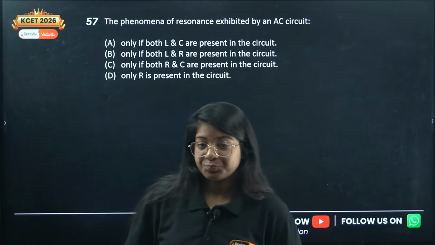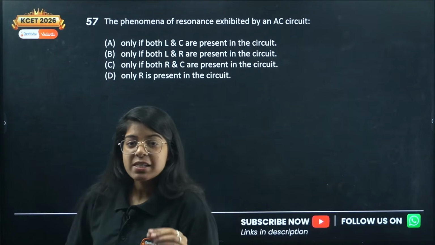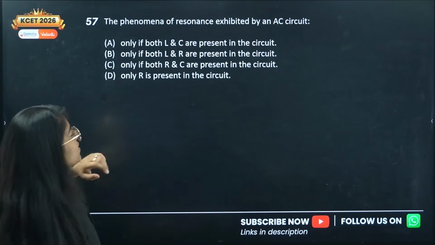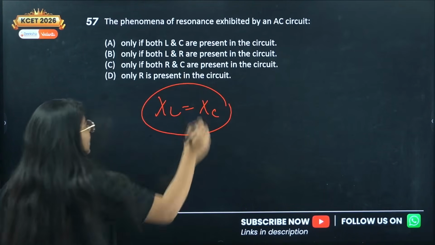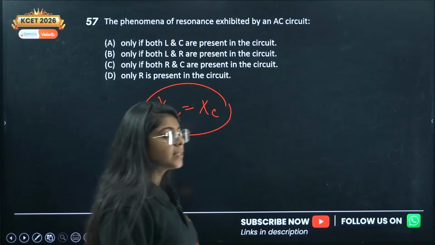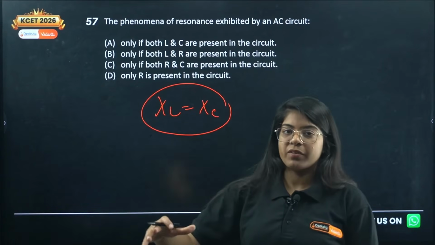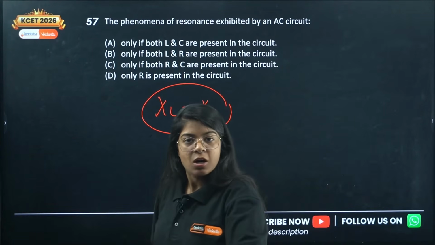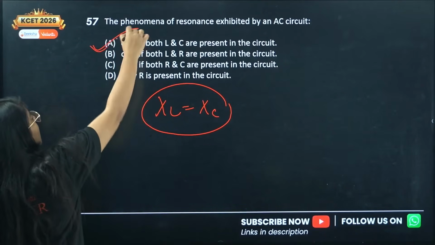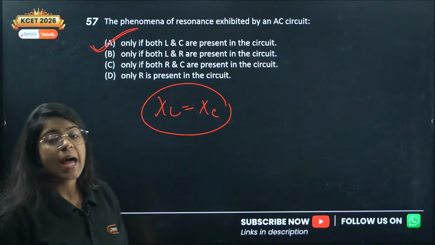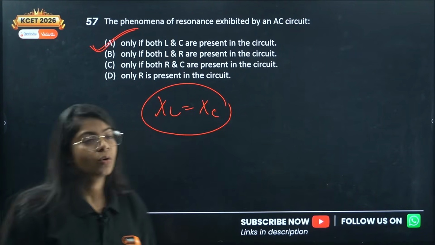So at resonance, XL equals XC, they should be equal, and resistance gives the sharpness of the resonance, not the existence of resonance. So resonance will happen only if both inductor and capacitor are present in our circuit. Okay.